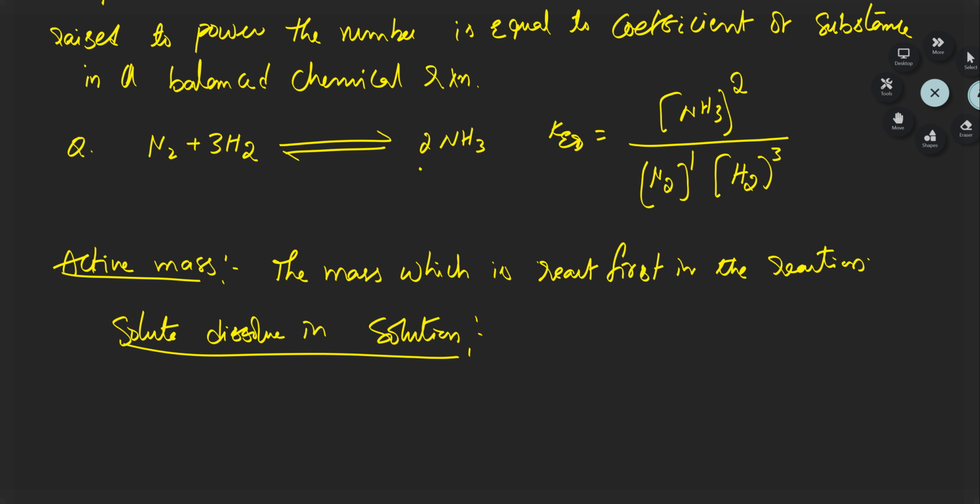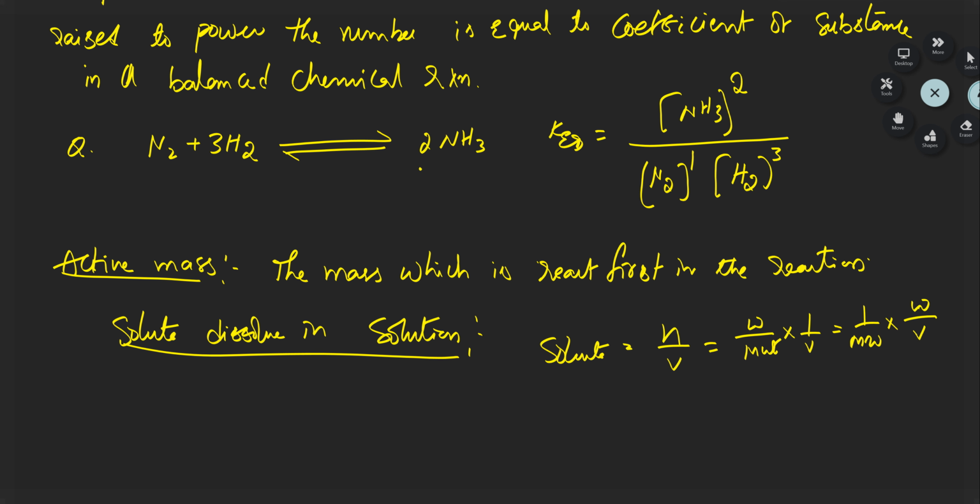Now if you are taking solute concentration, how can you find it? Number of moles by volume. The number of moles formula is weight by molecular weight, into volume. So you can write 1 by molecular weight into weight by volume.